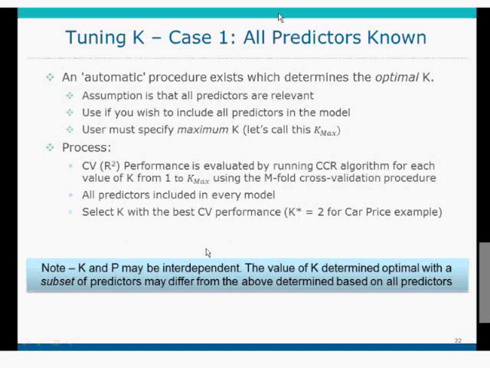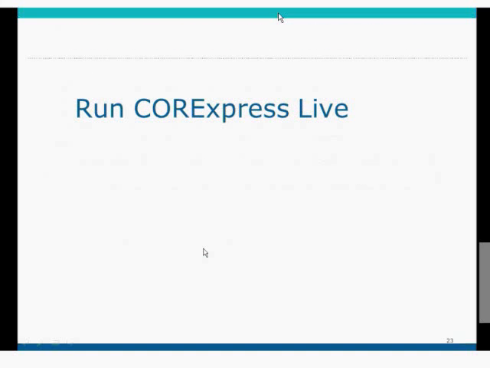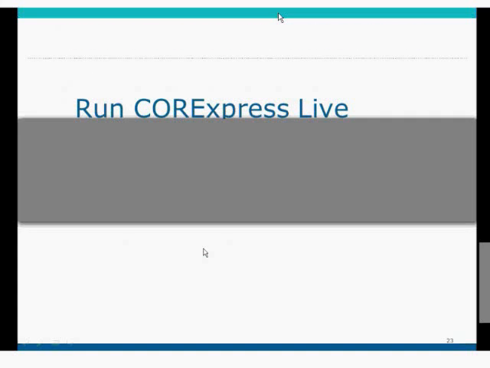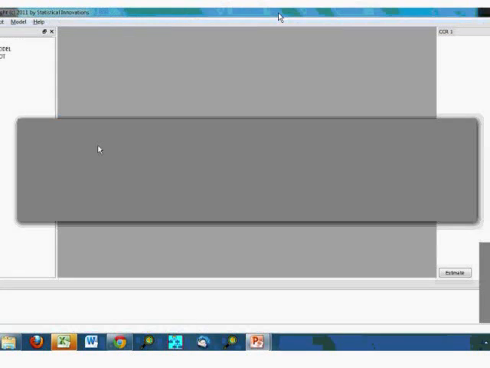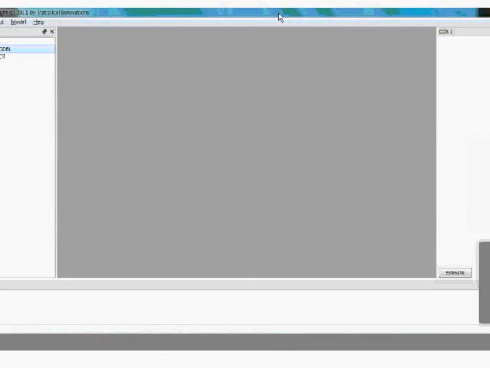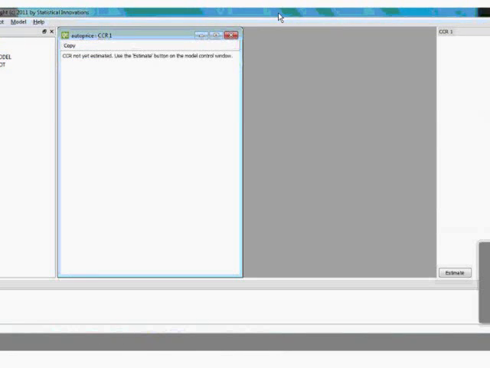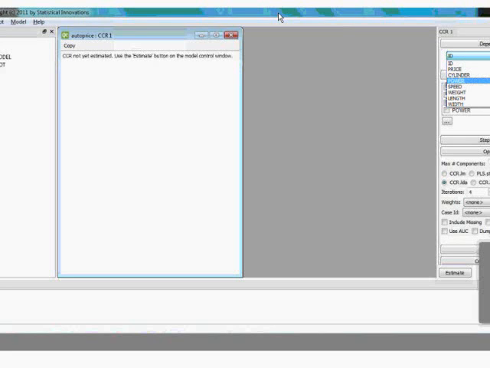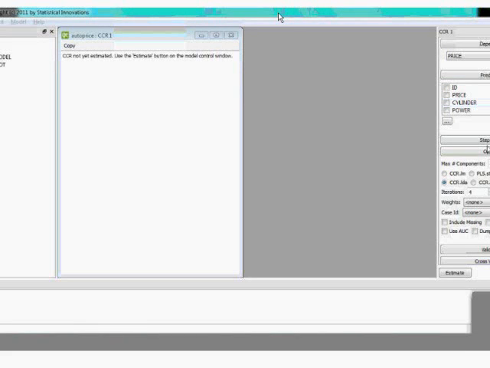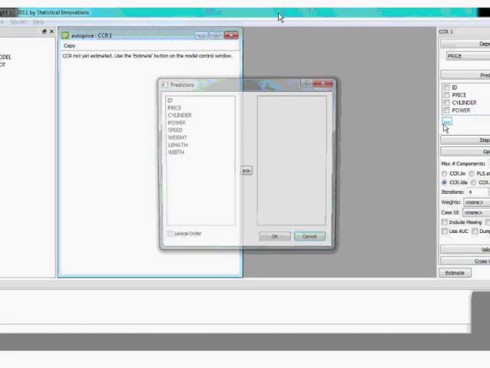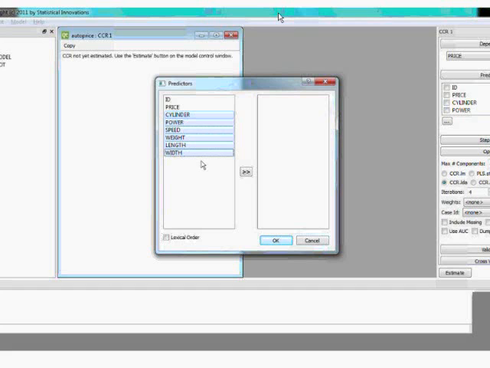Okay, so now let's actually make this concrete. I will go to the CORExpress program, and what I'll do is take price as the dependent variable for this car data, and then as far as the predictors, I'll select all 6 predictors.